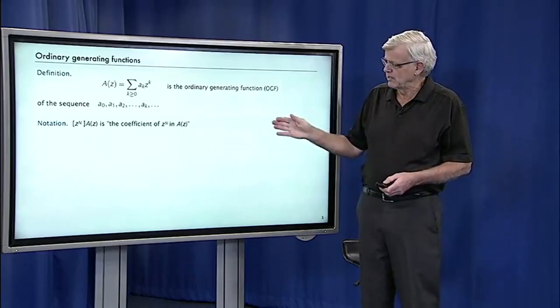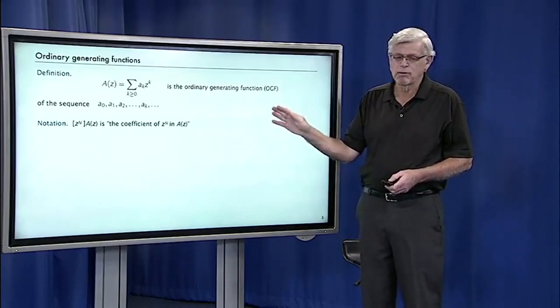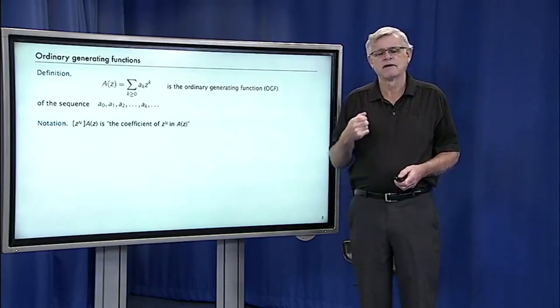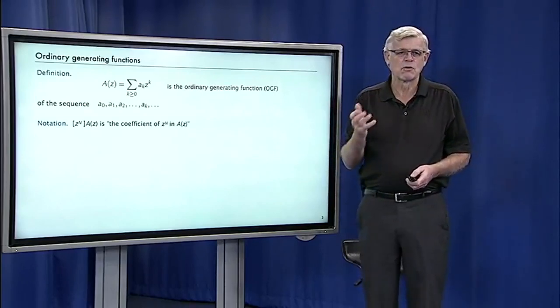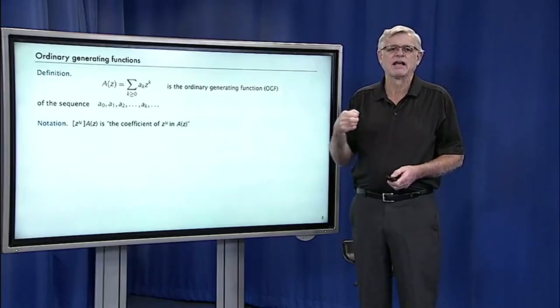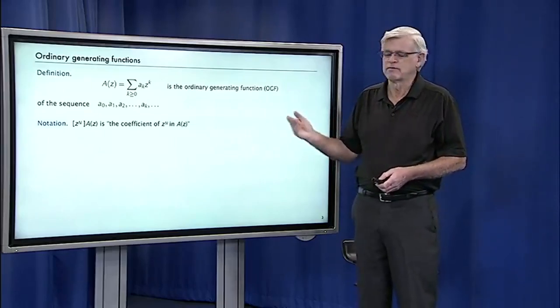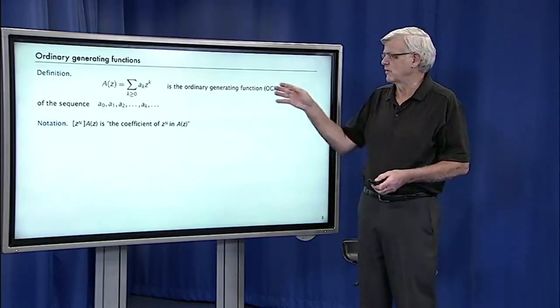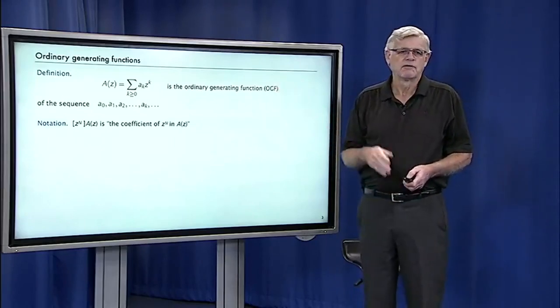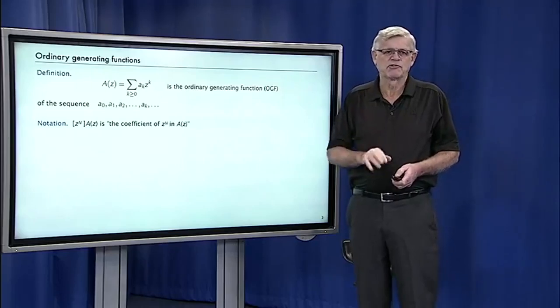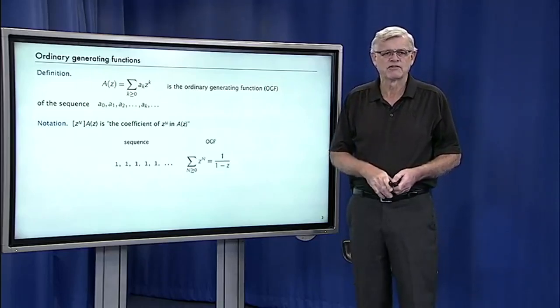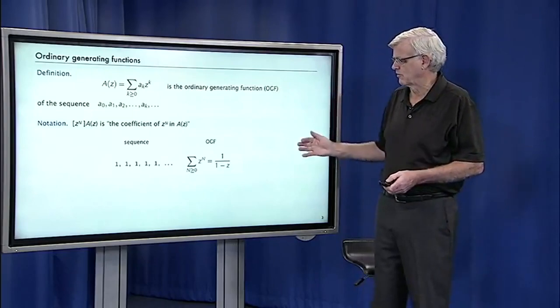We also use the notation that inside brackets, [z^n] A(z) is the coefficient of z^n in A(z). And a lot of times we want to refer to what the coefficient is. And we'll see how it applies, but let's just talk formally about some examples of generating functions first.